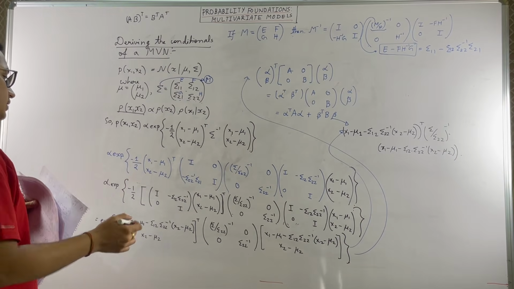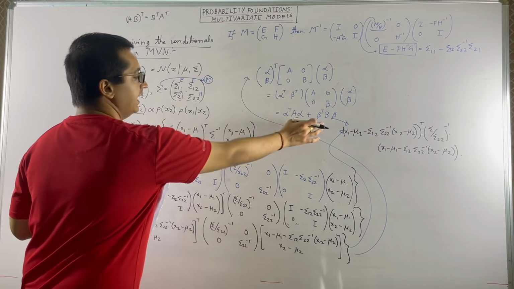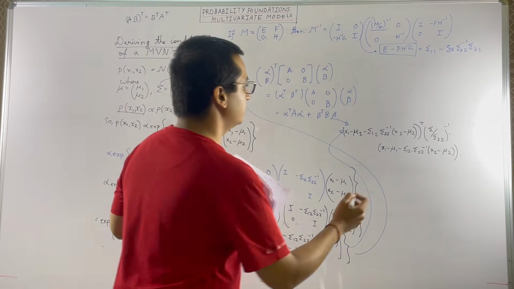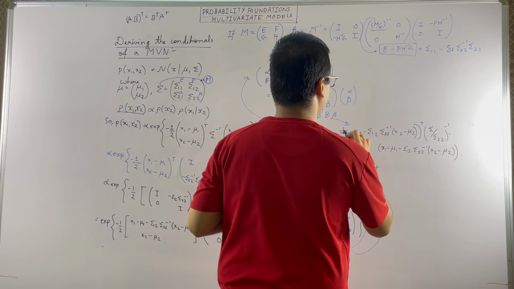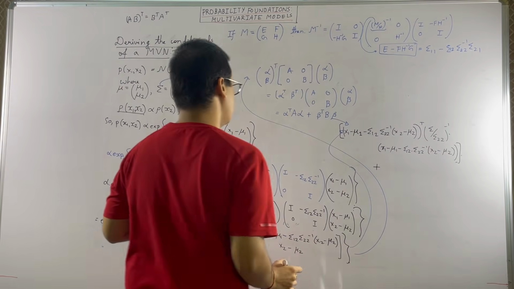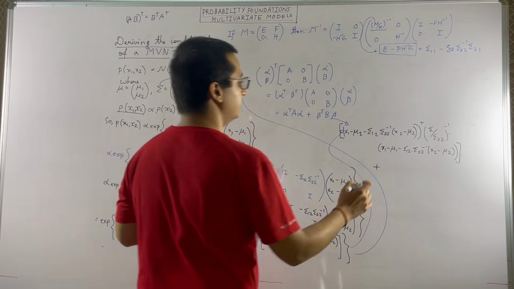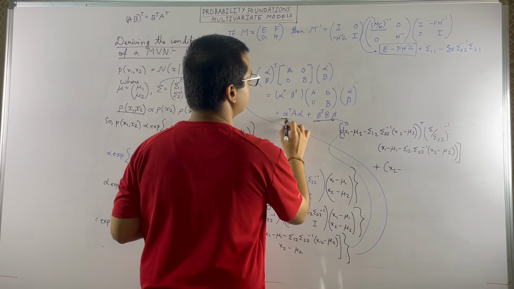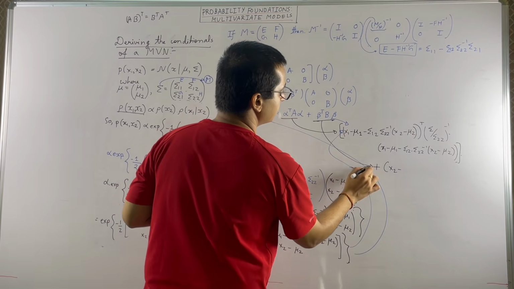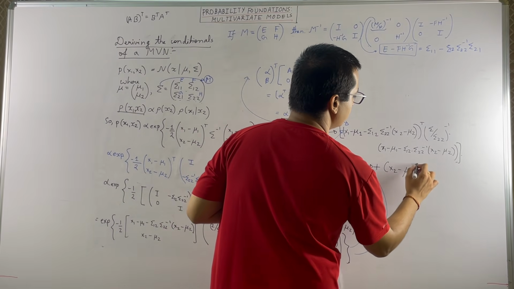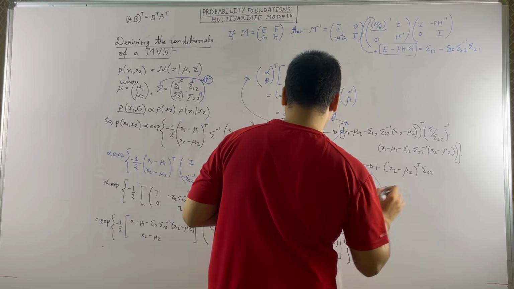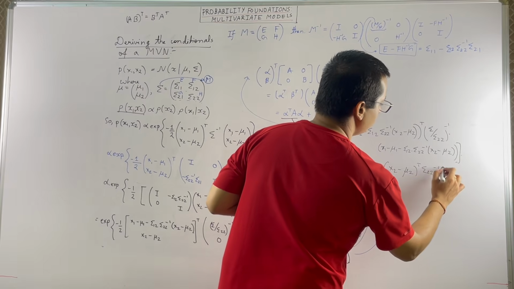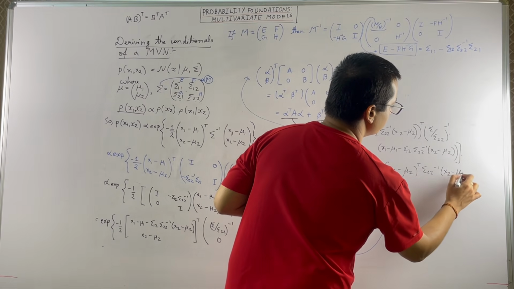Now in exponentials, if the powers are getting added up, I can break it into separate exps. I'll just show what I'm saying. So one term is this, right? And what is the other term? The one pertaining to x2. So look at this, beta transpose B beta, right? So this is x2 minus mu2 transpose sigma 2 2 inverse, sigma 2 2 inverse, sigma 2 2 inverse x2 minus mu2.